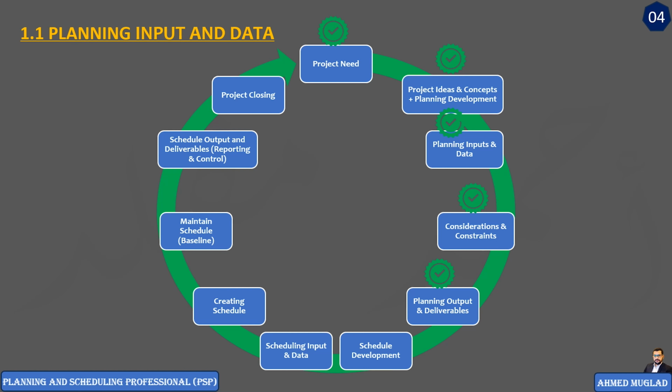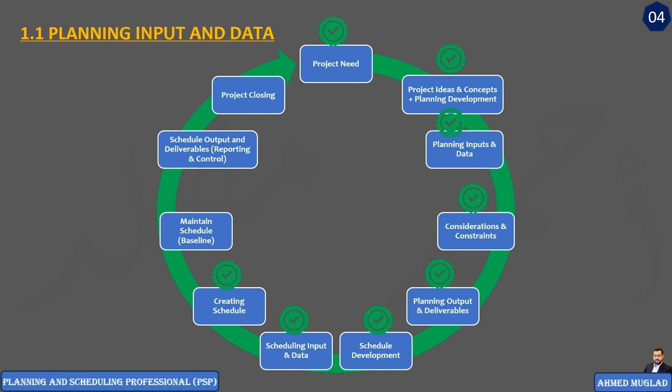Then the project plan, or generally the planning outputs, act as scheduling inputs to the schedule development process. And then we can create the project schedule. The project schedule shall also be reviewed and approved by the relevant stakeholders.